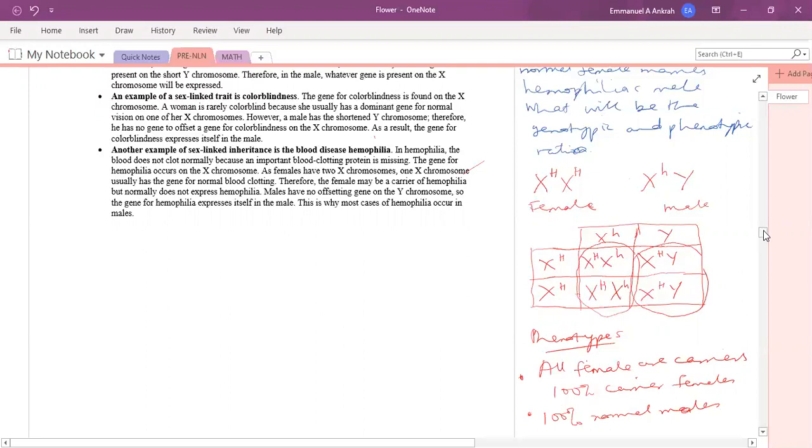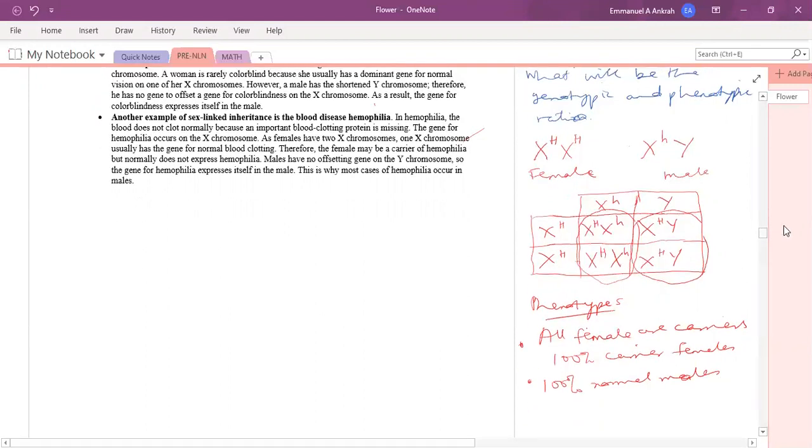Now let's flip the information and try another one. Let's go back here. Let's say the female is a carrier.